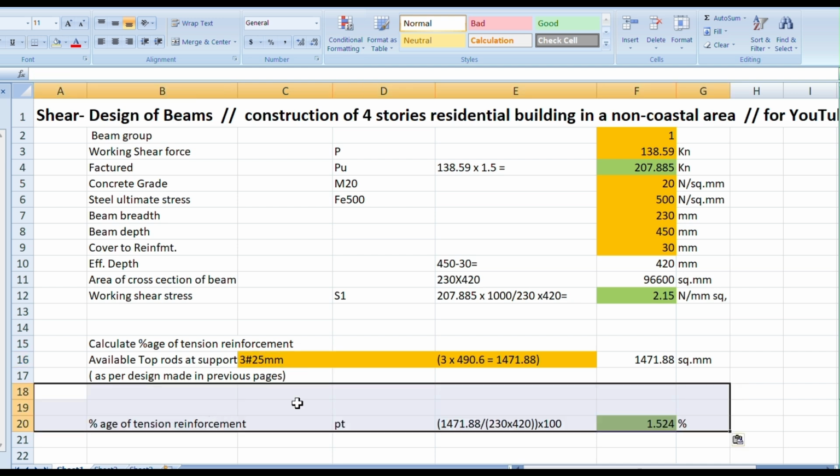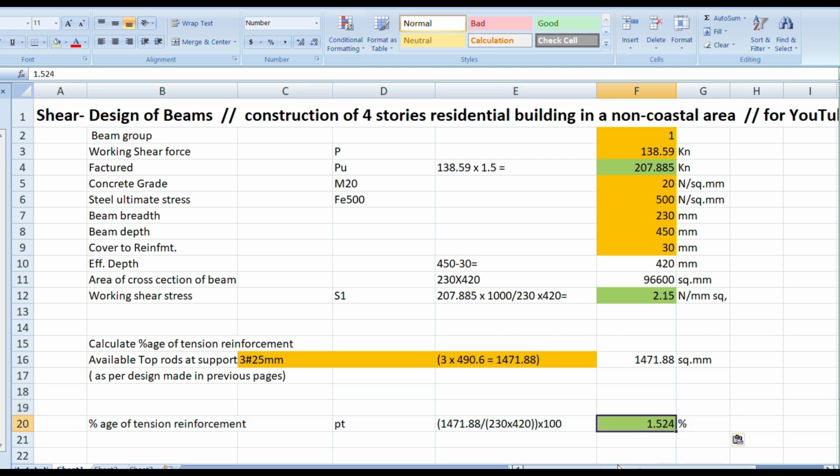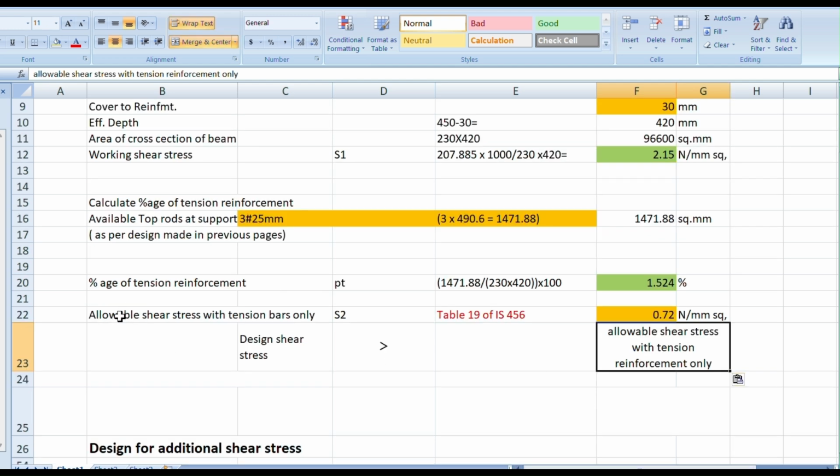If we convert this into a percentage, the area of steel divided by the area of cross section of the concrete is 1.524 percent. Make it very clear: the allowable shear stress with the available tensile reinforcement is this much.